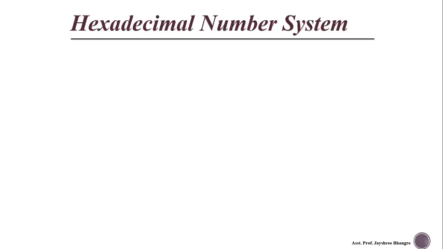Next number system is the hexadecimal number system. What is hexa? Hexadecimal is nothing but 16. So this number system consists of 16 unique symbols.